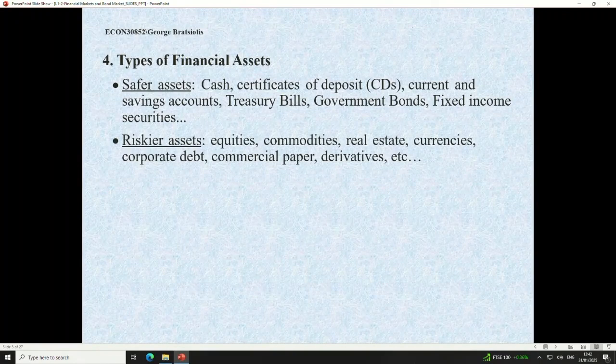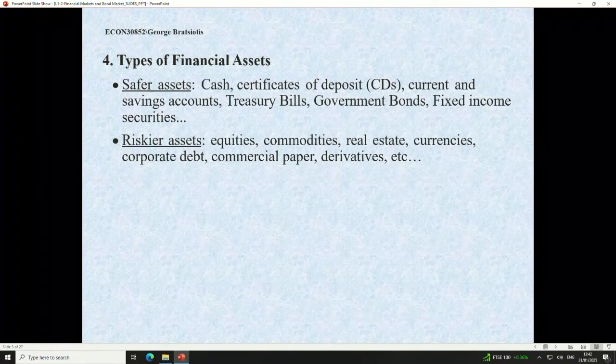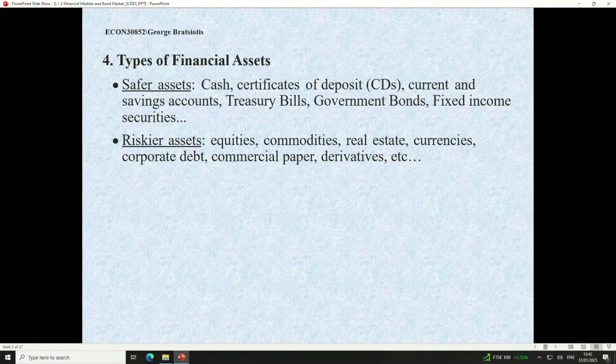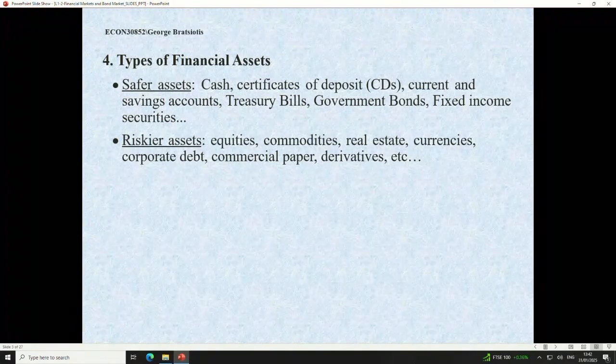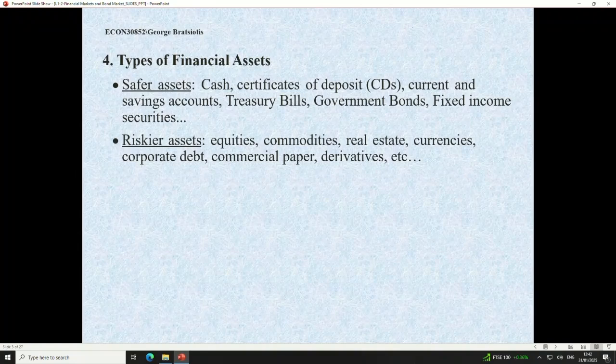What is a financial asset? Well, basically, in plain English, anything which can be converted into cash is called an asset. Is this an asset? Yeah, I can sell it and get some money for it. Financial assets as well can be converted to cash at some point. So anything that can be converted into cash, I can call an asset.